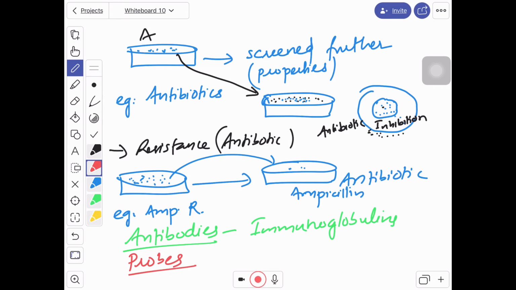Through the probes also we can detect microorganisms which have specific properties. It has been found recently that we can use robotics, which results in enormous throughput screening. That means huge-scale screening can be done with the help of robotics. Our science has grown so far, and that helps us to detect microorganisms with specific properties using robotics.